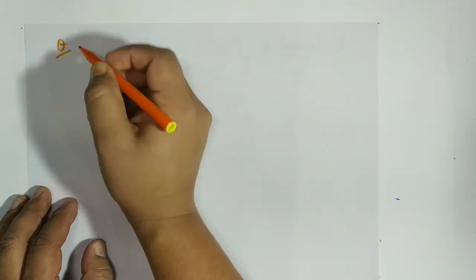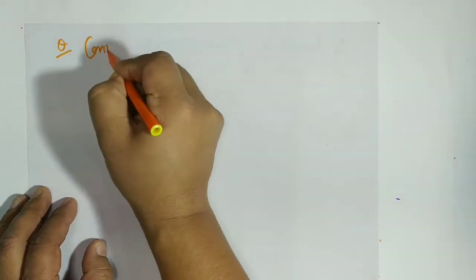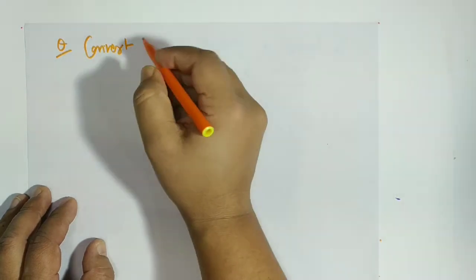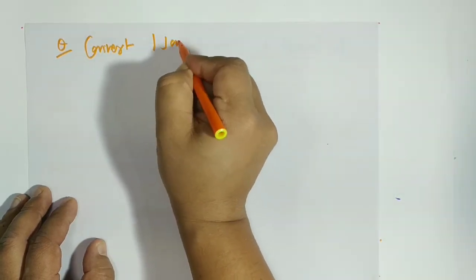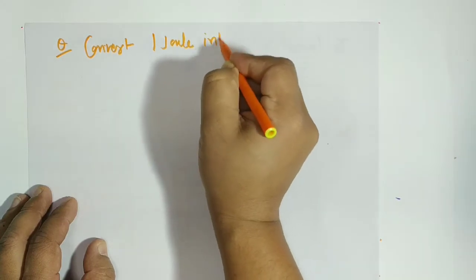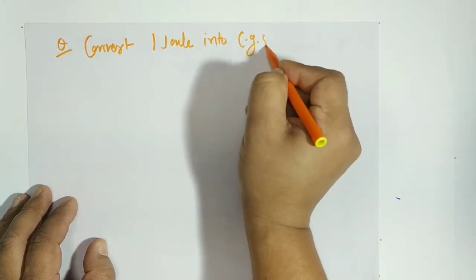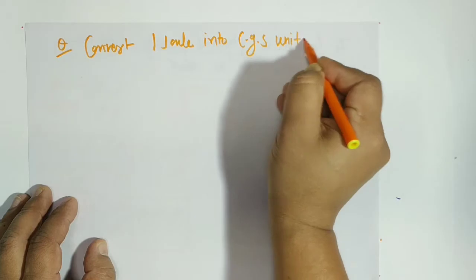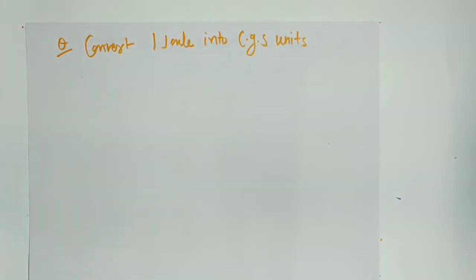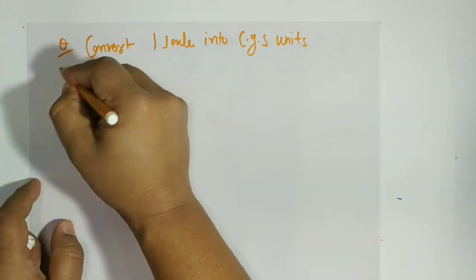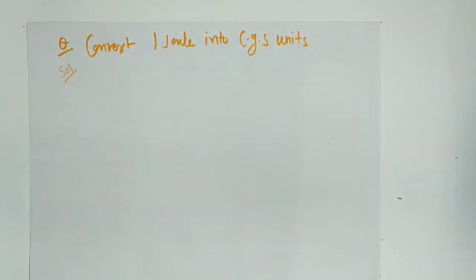Now for this application, I am going to give you one example. Say the question comes: convert 1 joule into CGS units. Now all of you know that joule is the unit of energy, or work.